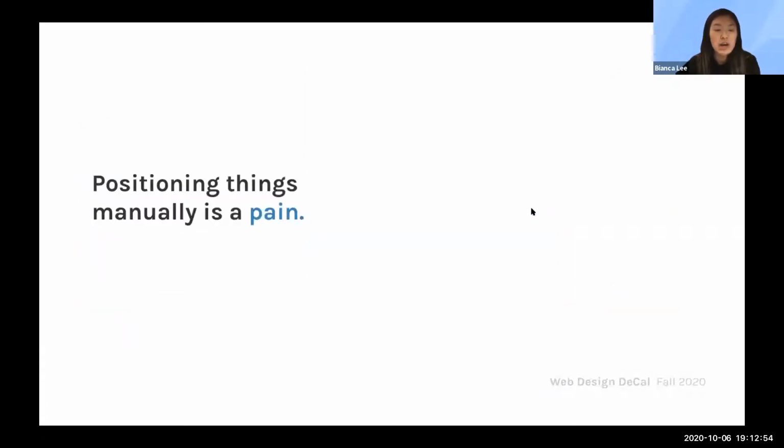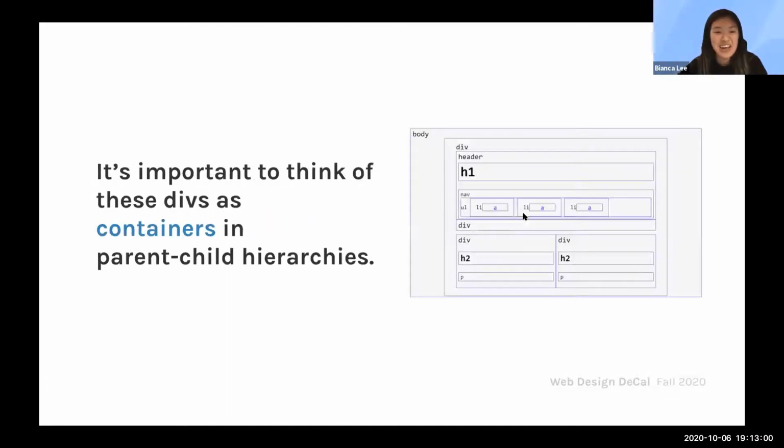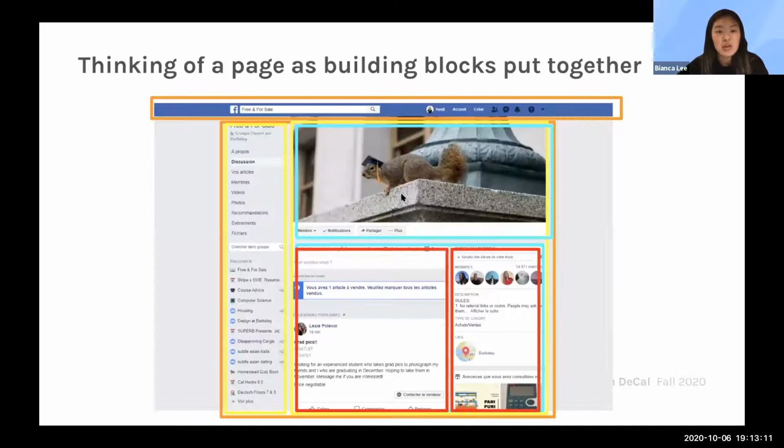Positioning things manually is a pain, as we learned in last week's lab. It's also important to think of these divs as containers in a parent-child hierarchy. Let's go back to this screenshot of old Facebook that Nick went over 2 weeks ago. Here we have the main page and some content you're probably familiar with.